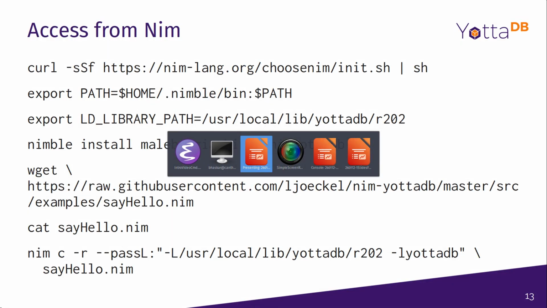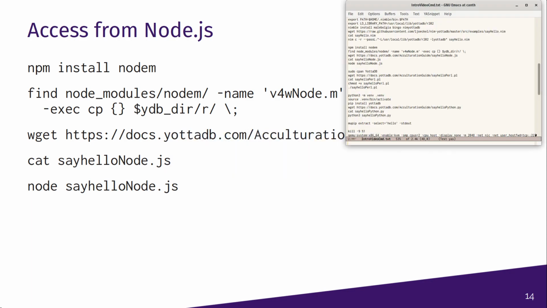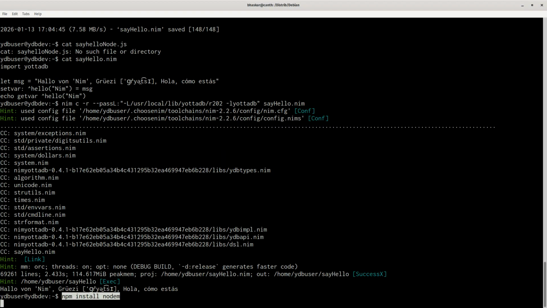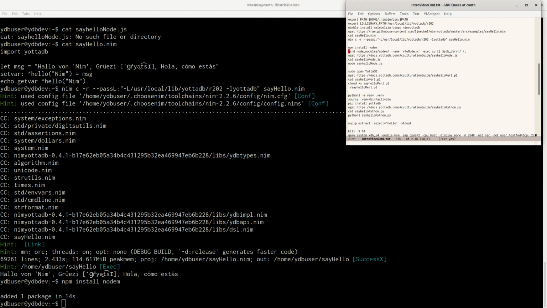So now the next language that we're going to access YottaDB from is Node.js. So it's pulling down the Node.m module, which provides the access to YottaDB from Node.js.